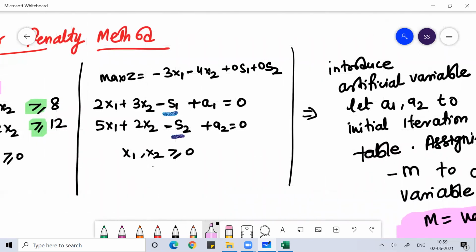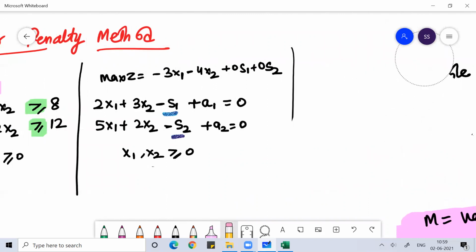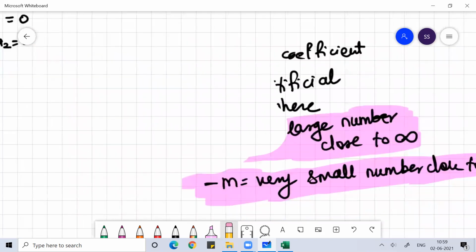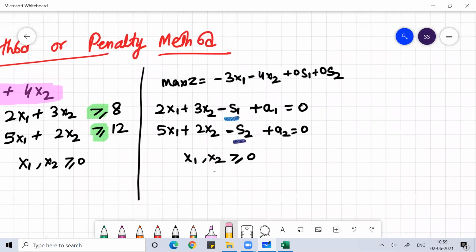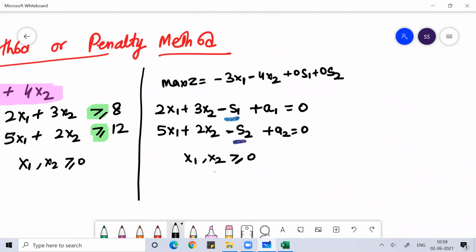Now, how to work on the calculation part? Here you can write maximum of Z is equal to minus 3x1 minus 4x2 plus 0s1 plus 0s2, then in the objective function, minus MA1 minus MA2.